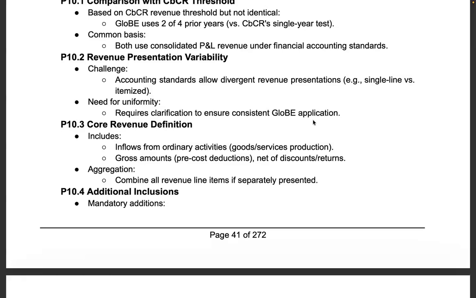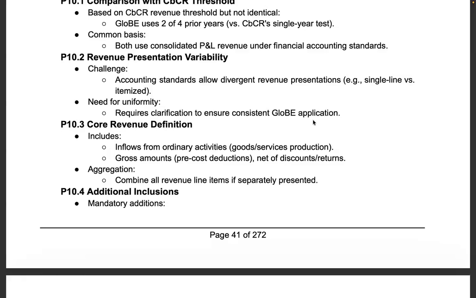Core income generating activities, goods, services, production, etc. And they would ordinarily be gross amounts, pre-cost reductions, net of course of discounts and returns. So the revenues are usually reported net of discounts and returns, which is fine. So that would be the overall makeup or structure of revenue.